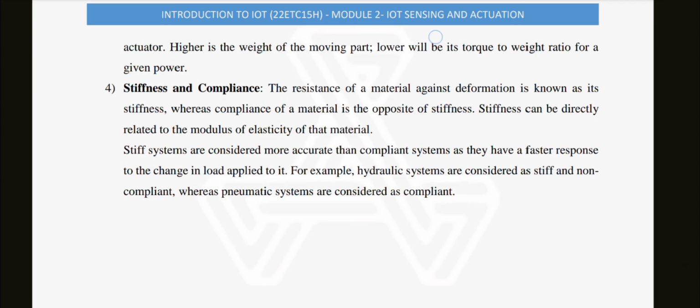Stiff systems are considered more accurate than compliant systems as they have a faster response to the change in load applied to them. For example, hydraulic systems are considered stiff and non-compliant, whereas pneumatic systems are considered compliant.